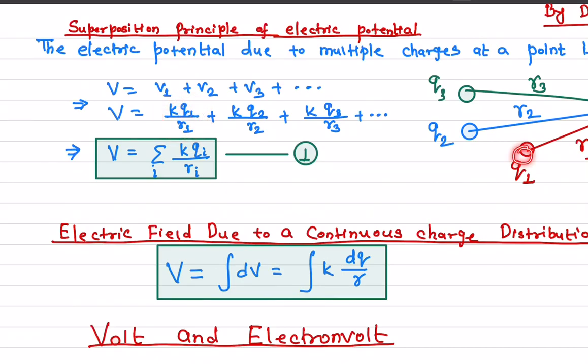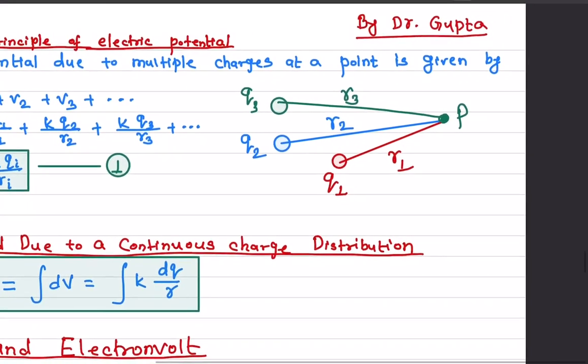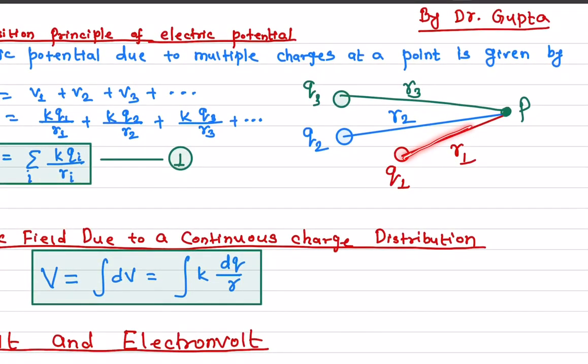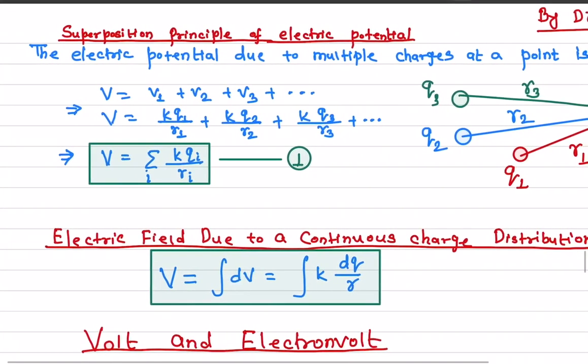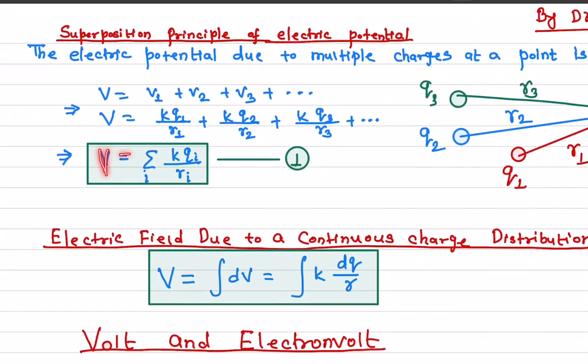The potential due to the first charge is given by KQ1 over R1, where Q1 is the first charge, and R1 is the distance between the charge and the point where you're trying to find the potential. Q2 again is the second charge, and so on.